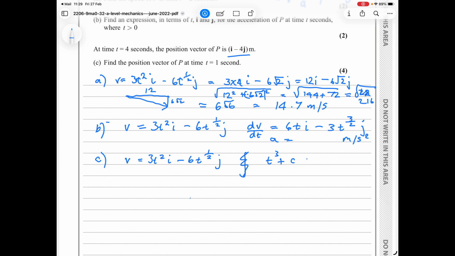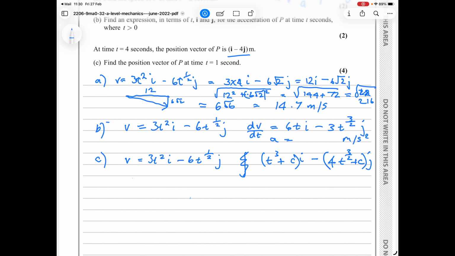And then minus, that would go up to t to the 3 over 2, and we times 6 by 2 over 3, which is 12 over 3, so that's 4t to the 3 over 2, plus c j.